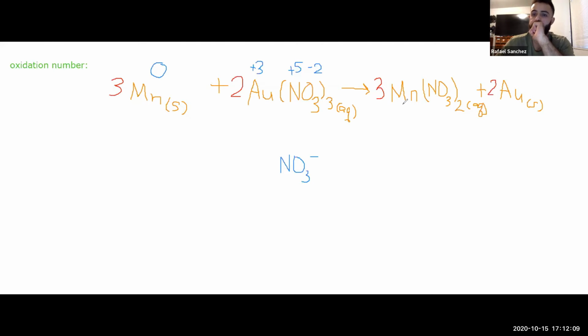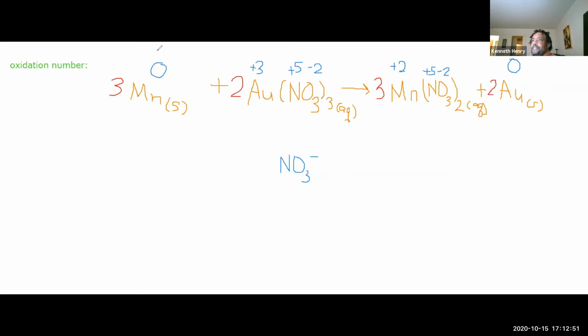So for manganese, it'd be 2 positive. And oxygen would be -2 also. And that would be 5. And then my gold. Would that one just be 0? That's right. Okay.